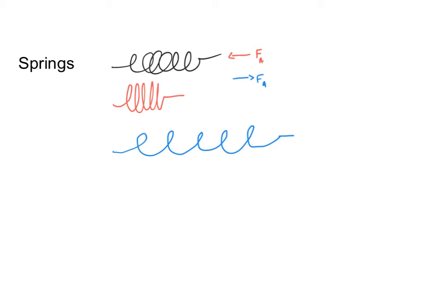The way that you did that in our lab, let me go ahead and clear my screen, was by taking a spring and hanging different masses off of it. You measured the difference between how condensed the spring was without a mass and how condensed it was with the mass hanging on.